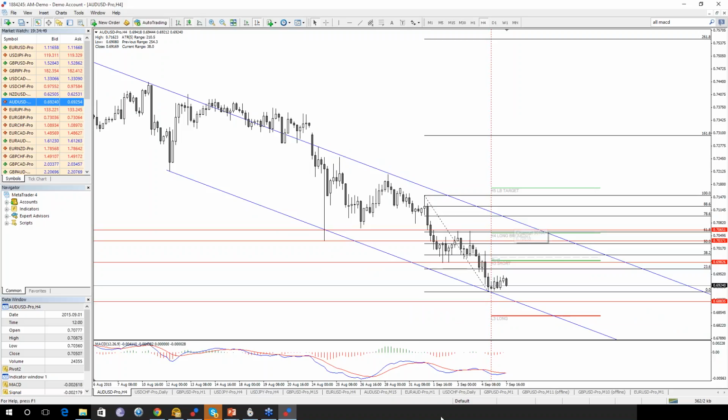Still, it would be good if we get a pullback, but pay attention to 69.08 and 69.85.